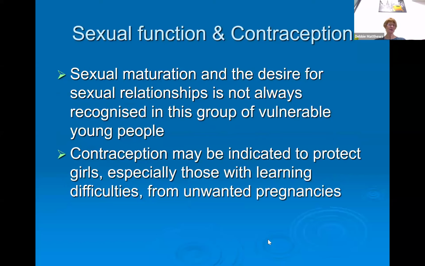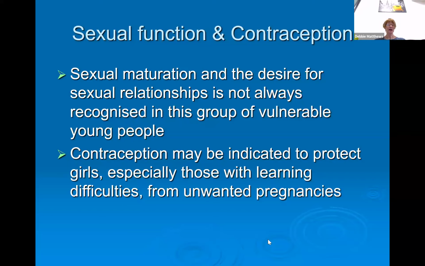And then finally, just talking about sexual maturation, the desire for sexual relationships is not always recognised in this group of vulnerable young people. I think this is changing, and those with cerebral palsy now have a voice, and they are making it very clear that, okay, their ability for a normal sexual relationship may be more difficult, but the desire is still there.